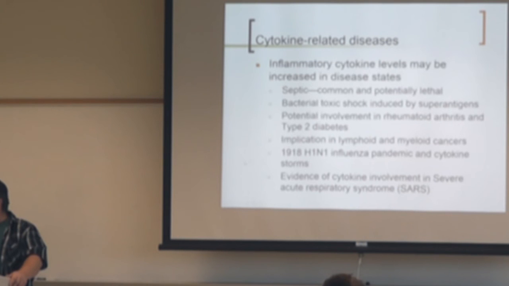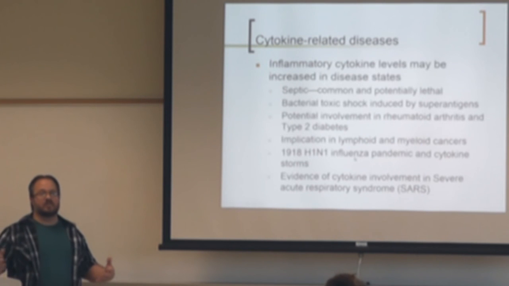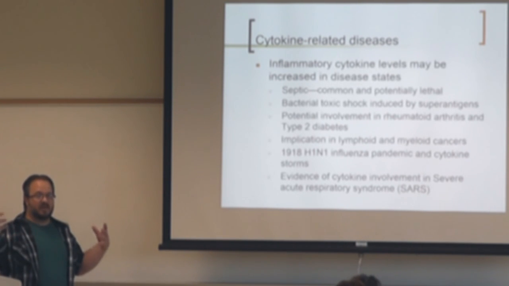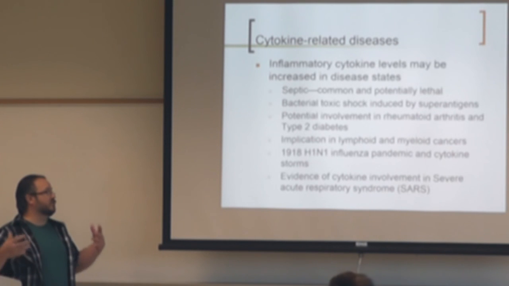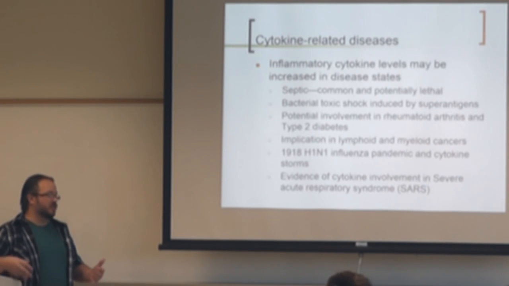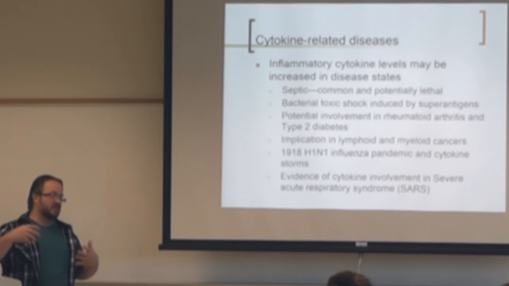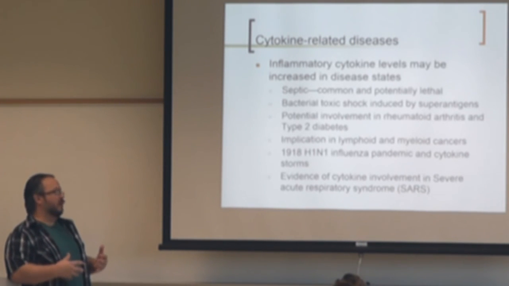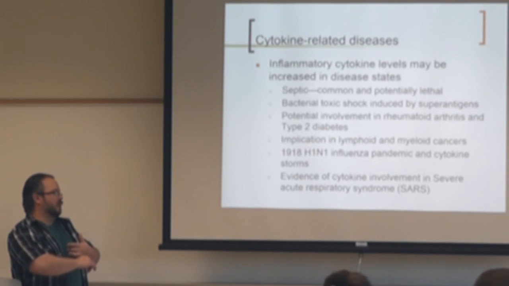Cytokine storm is something we may talk about. A lot of times, for example, you're not going to die from the influenza virus. It's not the virus you die from, it's the cytokine storm, the huge amount of cytokines secreted by immune cells in response to the virus, that cause such a strong inflammatory response that you get edema.